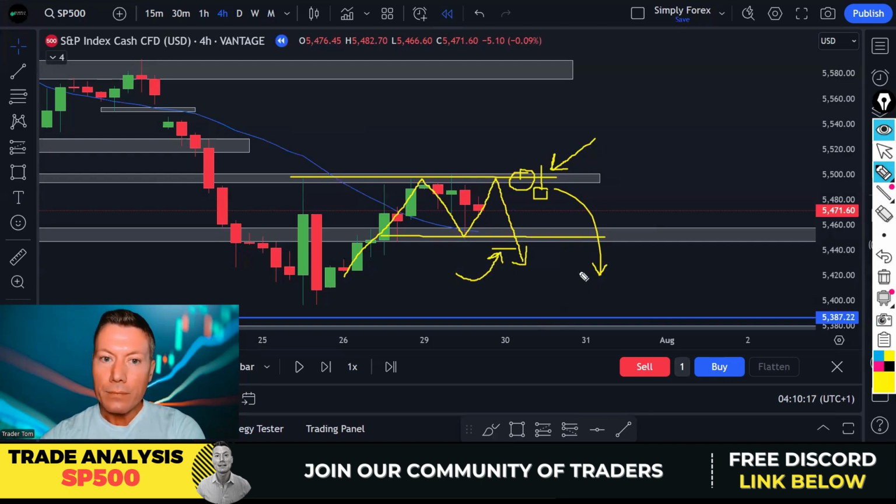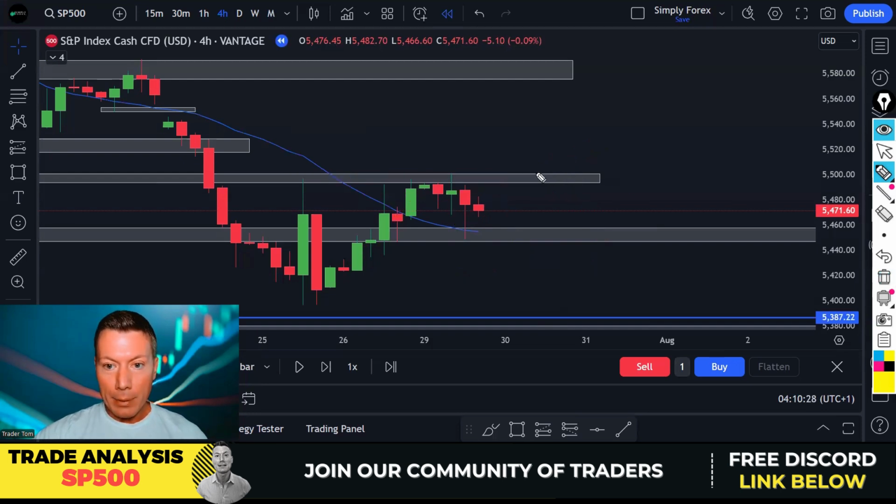Now, the pros and cons of both. So the aggressive entry, you're getting in nice and early. You are against trend. If we get in up here, you're getting in nice and early, a great price up here with a view to taking price lower. But you are against trend. Whereas if you wait for a break of structure, you are with trend.